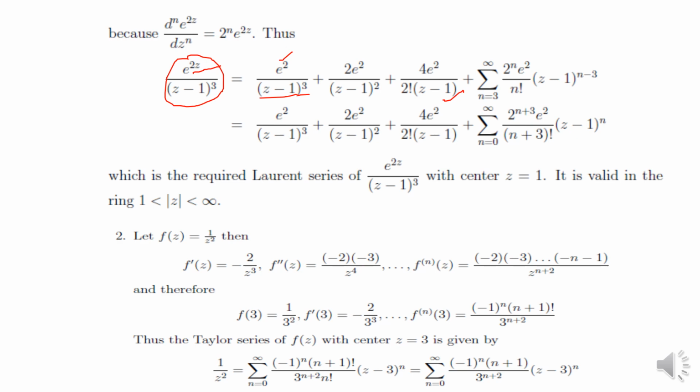So we are just writing the values with the help of the series which we obtained for e to the power 2z with the help of the Taylor series, and multiplying it by 1 upon (z minus 1) cube. So the last term can be written with n from 3 to infinity: 2 to the power n e square upon factorial n, (z minus 1) to the power n minus 3, because 3 terms we have taken.